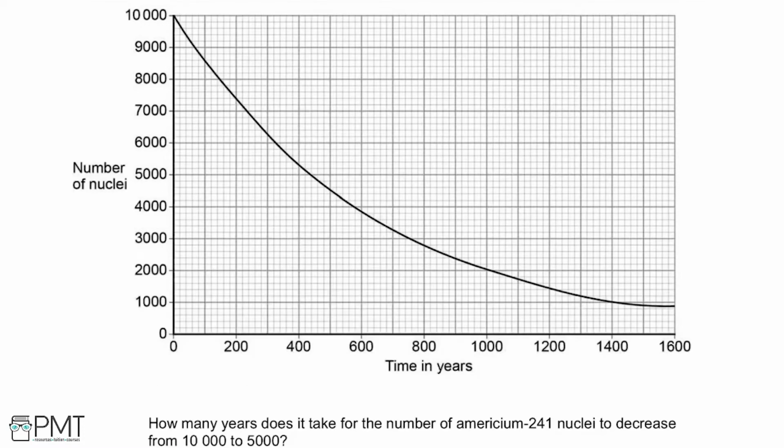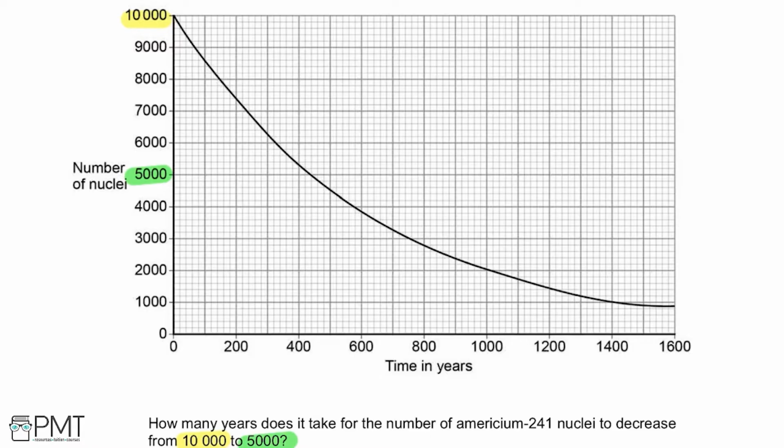So on the graph, first of all, we need to find 10,000 and we need to find 5,000. 10,000 is here, it's the y-intercept of the graph, and 5,000 is here. So we need to find whereabouts the line is at 5,000 on the y-axis and what the x-coordinate at that point is.